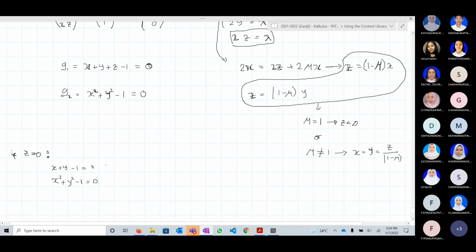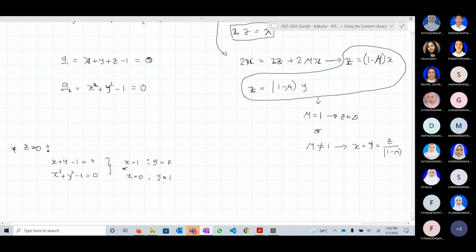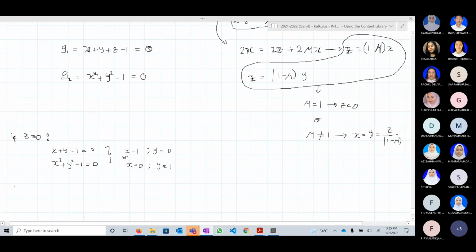In this case we will have 2 points: x equals 1 and y equals 0, or x equals 0 and y equals 1. That is the first case.